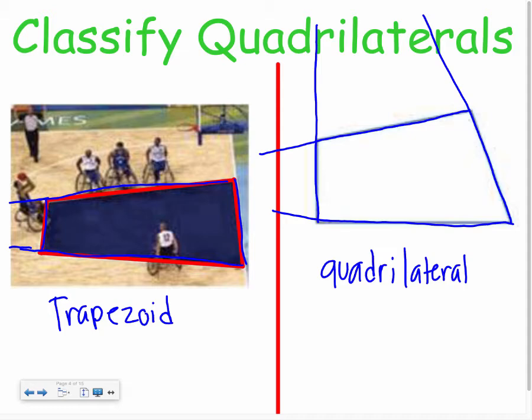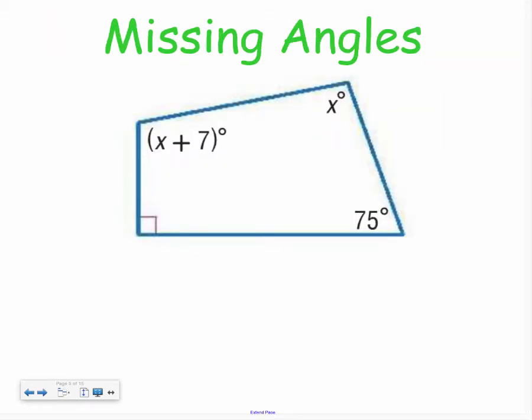The other is going to be using the idea that a quadrilateral adds up to 360 degrees. So they're going to give you angle measurements on a quadrilateral, and they ask you to find the value of x. So we know that all the angles have to add up to 360 degrees.